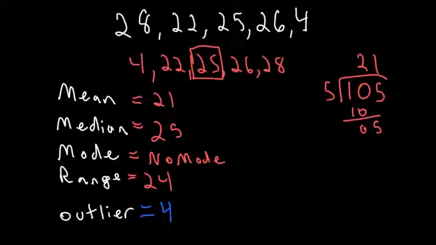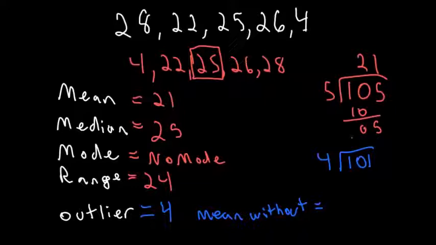So if I was to find my mean without the outlier, I would just take that 4 out of it. So I still have my total of 105. I take 4 away from it, so I get 101 divided by 4, because there's only 4 numbers since I took one of them out.